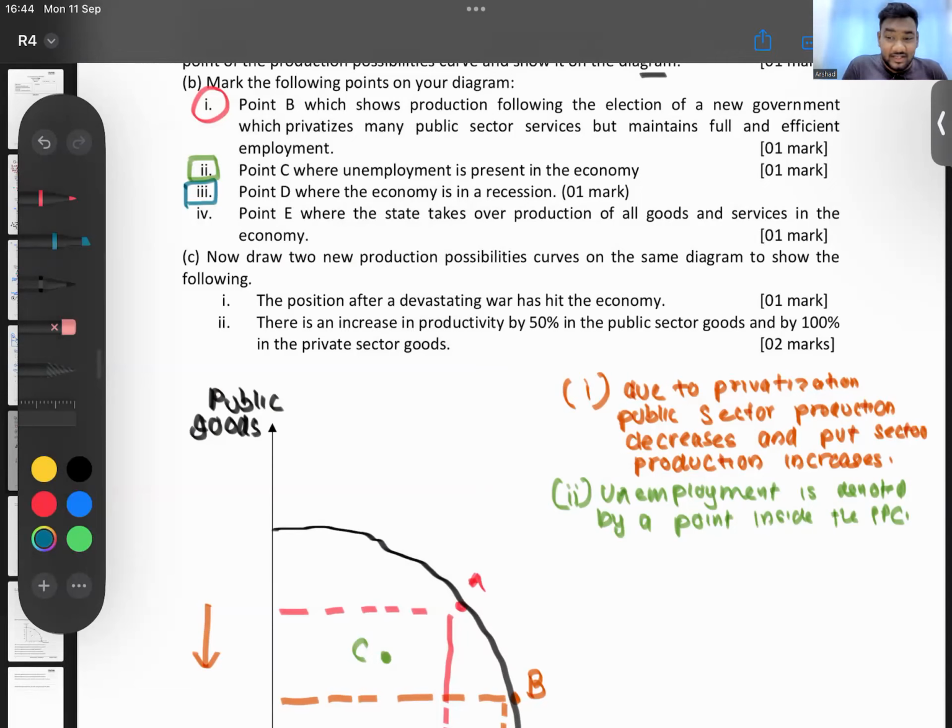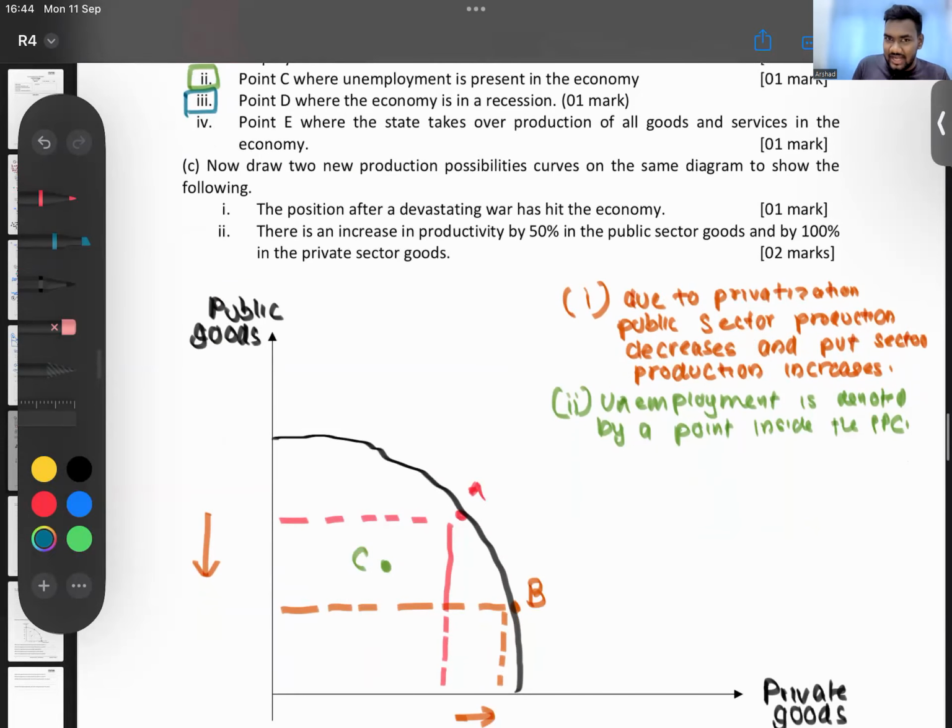No, no. Even D, I put both of these to show you that even unemployment and a recession are both points inside. For point D, you can maybe show that with an arrow. Maybe it might be a little bit more correct also. Even if you show a point inside, it's correct.